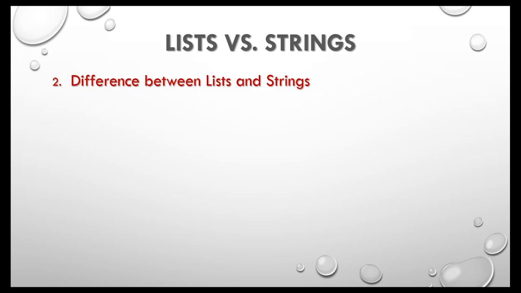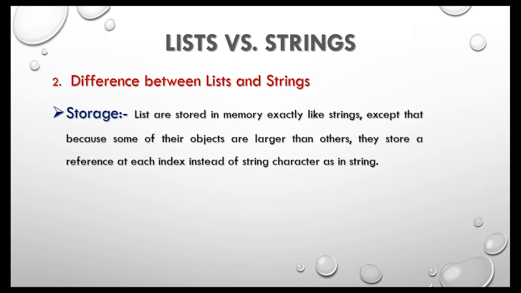Now we discuss the difference between the list and strings. The first difference is storage. Lists are stored in memory exactly like strings, except that because some of their objects are larger than others, they store a reference at each index instead of a string character as in string. Okay? Because in a list we can store any kind of data type.